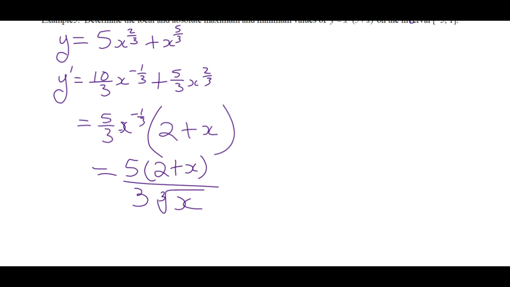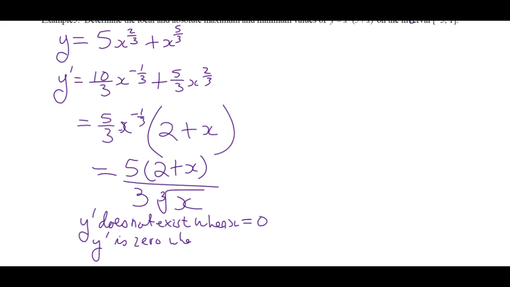Okay, so we need zeros and we need critical numbers. So where doesn't y prime exist? Yeah, so x can't be 0, right? y prime does not exist when x is equal to 0, and y prime is 0 when x is, what's going to make that 0?